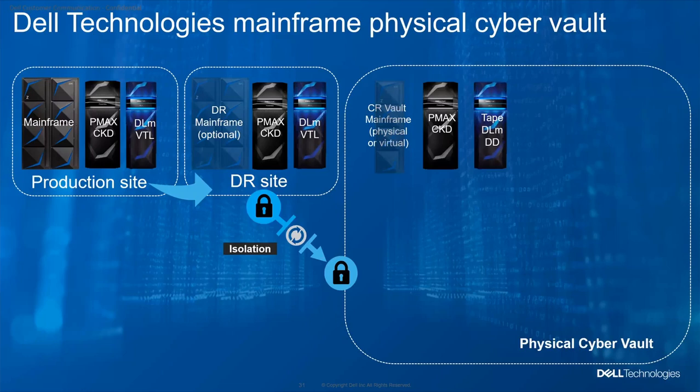I'm often discussing with customers, mainframe customers, who've been asked to physically isolate their vault because their open systems or distributed brethren have implemented that in the past, and they are being asked to paint the mainframe DR, or cyber recovery solution, I should say, with the open systems brush, which says we want to have a physically isolated vault. And if those are the policies that the company decides to choose, then we can certainly accommodate that and have the ability to make an isolated vault to hold either the DASD or the tape or both.